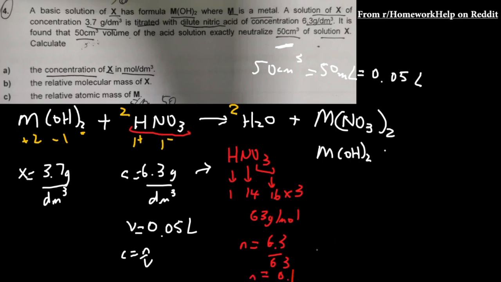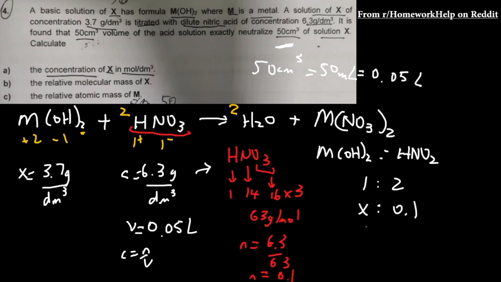So now that we determined that the moles of HNO3 is 0.1, we're going to figure out the moles of MOH2. So based on our calculations from earlier, from the balanced chemical equation, it's a 1:2 ratio, which means that it's going to be X to 0.1.